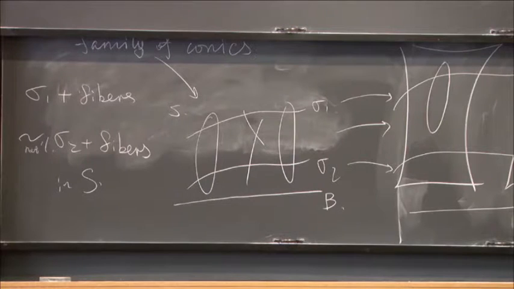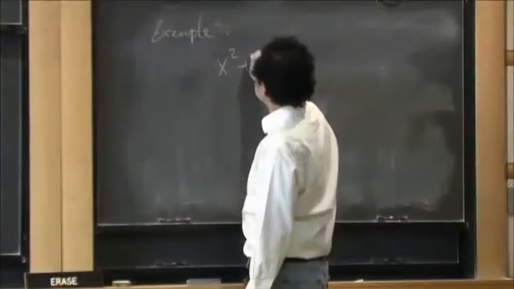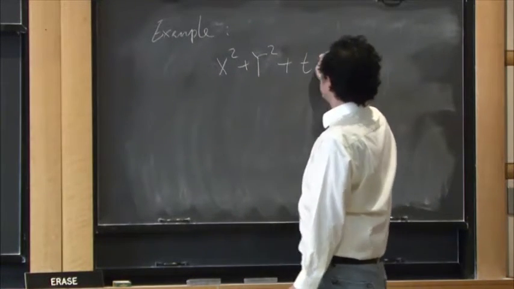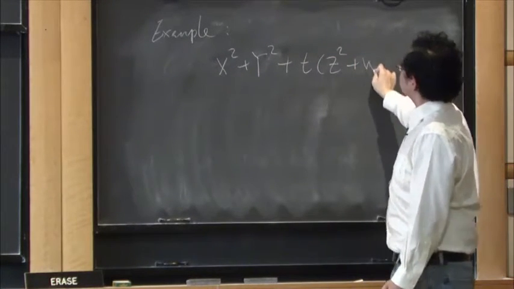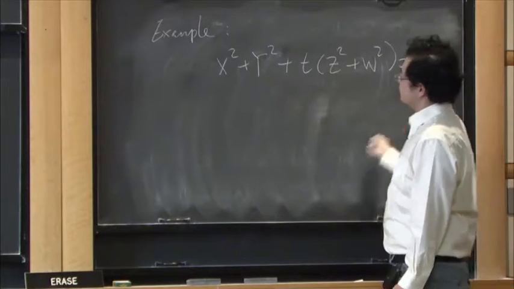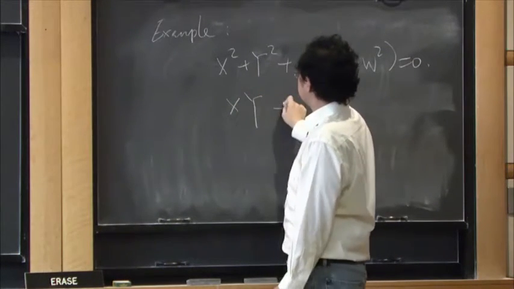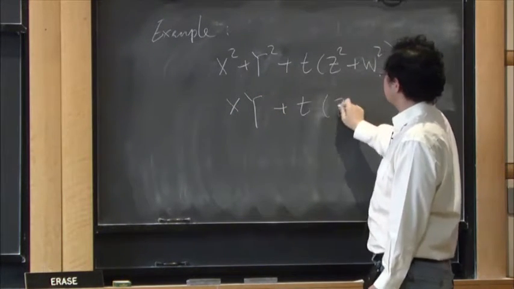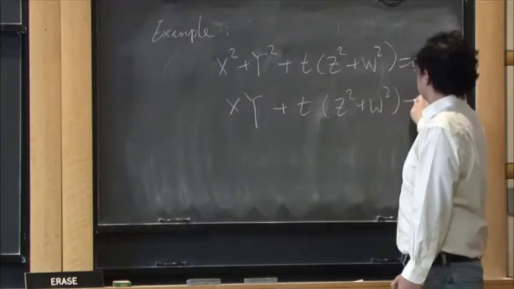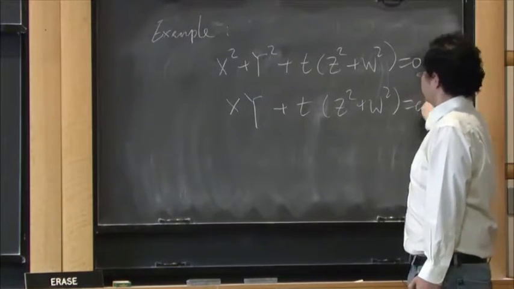Okay. So example, let's consider 2 families over the function field of P1. So x squared plus y squared plus t times z squared plus w squared equals 0. And also xy plus t times z squared plus w squared equals 0.